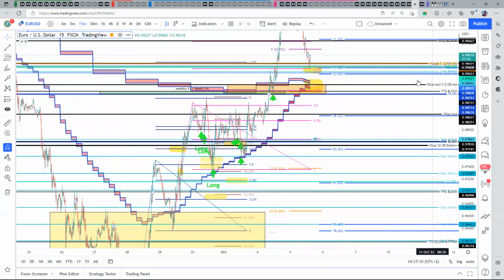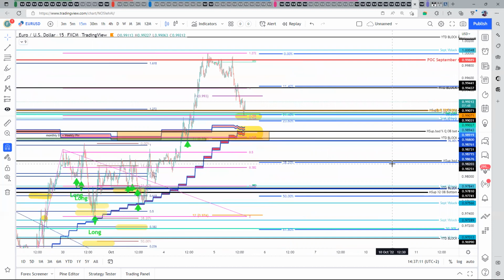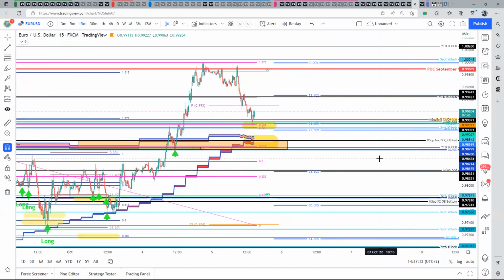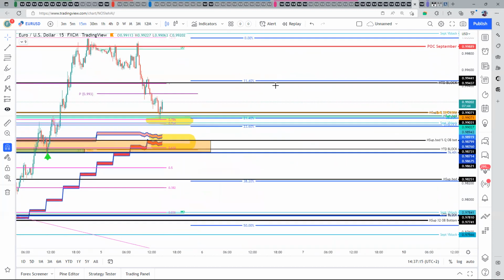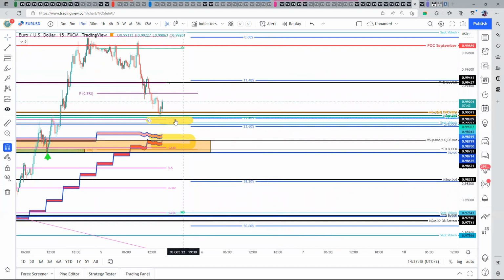And you see that as well as I was showing on the DXY, which is absolutely normal because they are twin brothers. So we came to the 21.40 to this 78.60 fib, and that's where I went long a few minutes ago at 0.9900. I banked some, and I hope to see some follow through later. If not, then we reload on the 23.60 here.